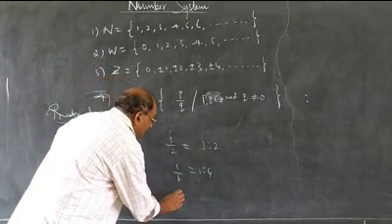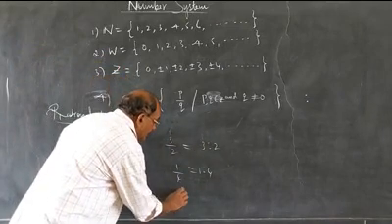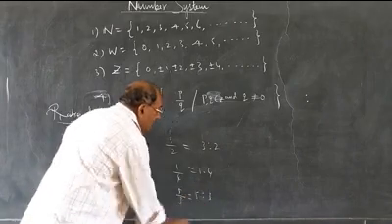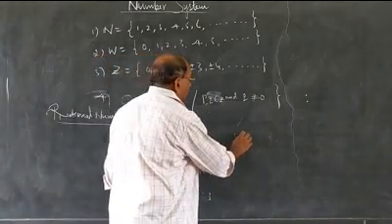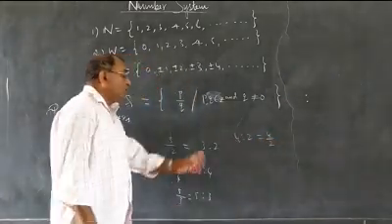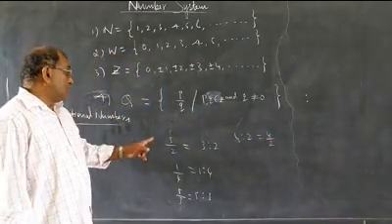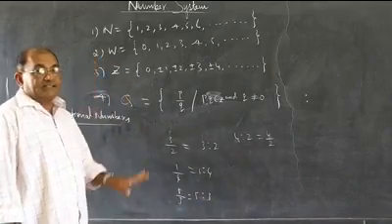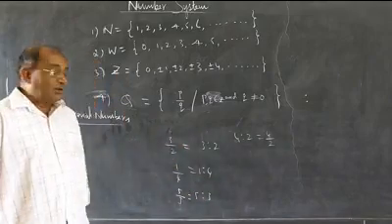If I have a ratio like this, 5 by 3, we can write it as 5:3. If you have a ratio 4:2, we can write it as 4 divided by 2. Both are same. So a rational number is nothing but ratio of any two integers or ratio of any two numbers.